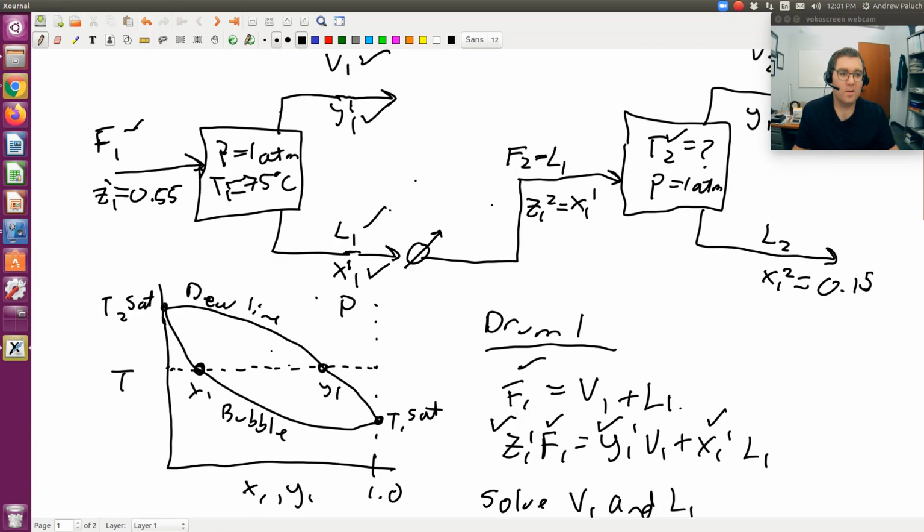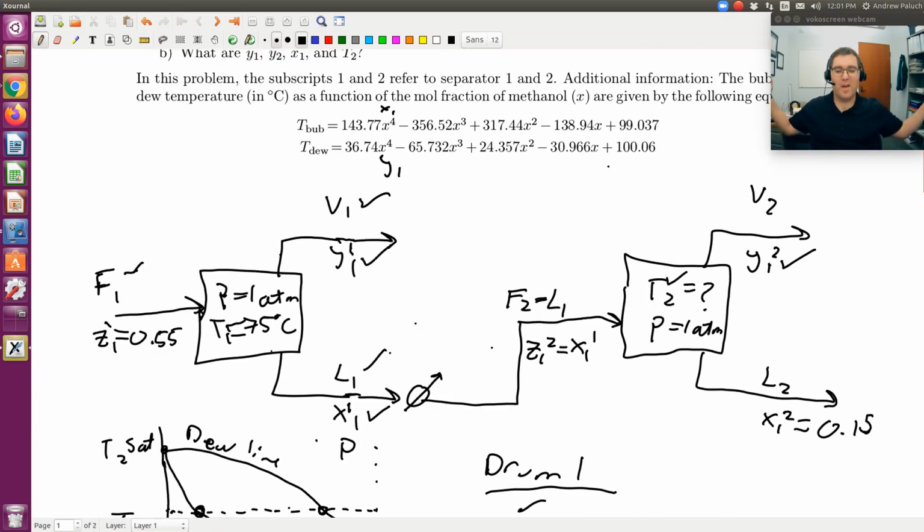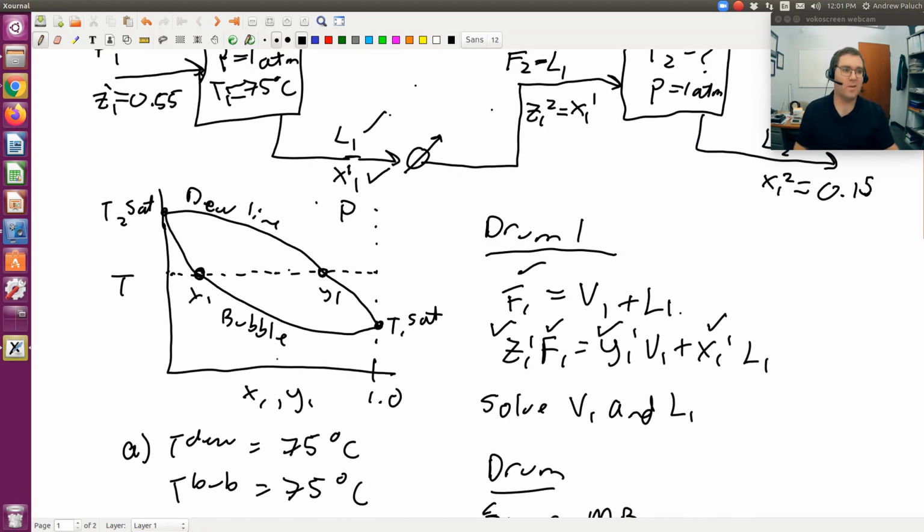Okay? So hopefully that helps you out with this problem. We tackled it. We set up drum 1, saw that we could solve it independent of drum 2, then solved drum 2 using a TXY phase diagram again to help feel our way through the problem and check that we could answer each part. Hopefully that helps.